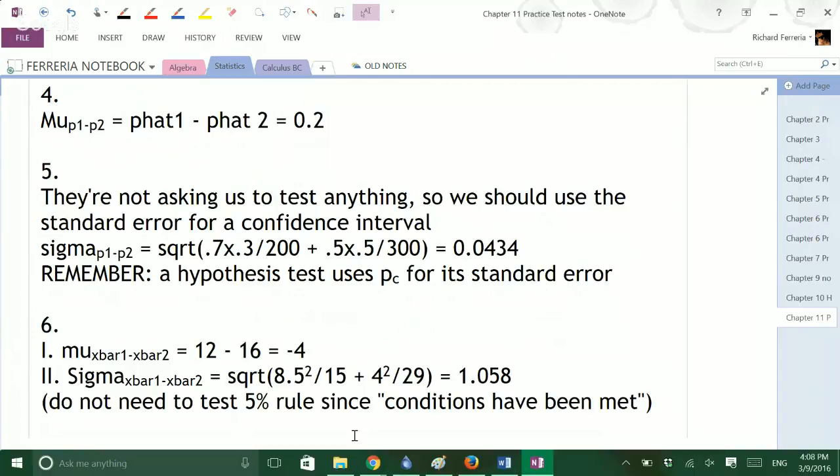Okay, so where did we go wrong here? Yeah. 8.5 and 4, right? 8.5 out of 15. 4 out of 29. Oh, you know what? I need to do all of this over again.